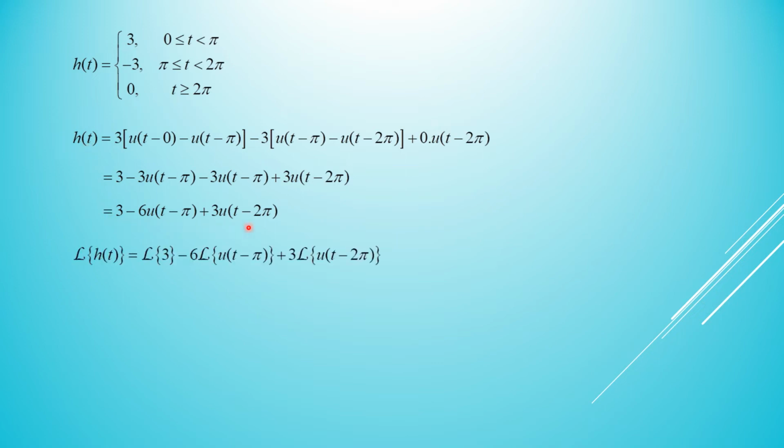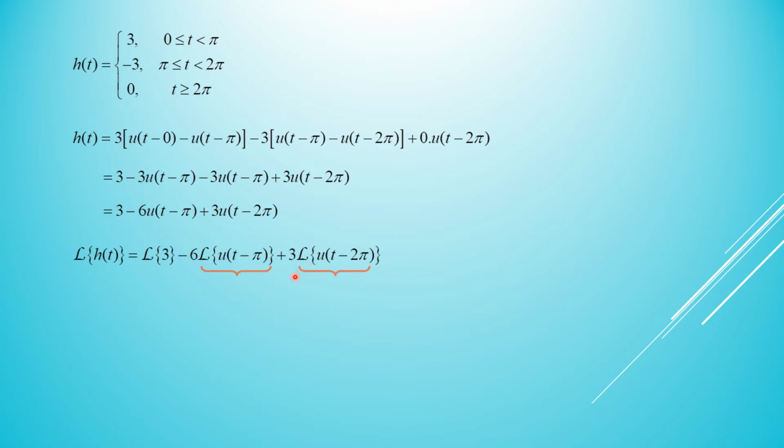And now we're going to find the Laplace transform of the function h. That means we need to find the Laplace transform of 3 minus 6 times the Laplace transform of this unit step function u(t minus pi) plus 3 times the Laplace transform of u(t minus 2 pi). Alright, and what is the Laplace transform of u(t minus pi), and what's the Laplace transform of u(t minus 2 pi)?